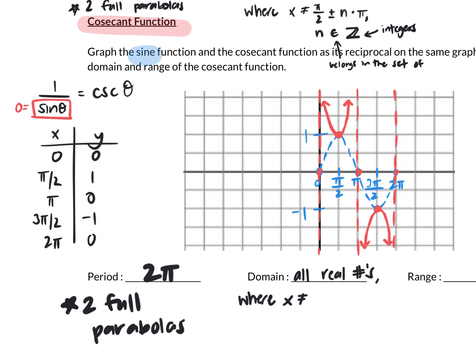So how could I write that? What can x not equal? Pi times n. Where again, n belongs to the set of integers, so it can be any number, positive or negative, but it has to be a whole number.